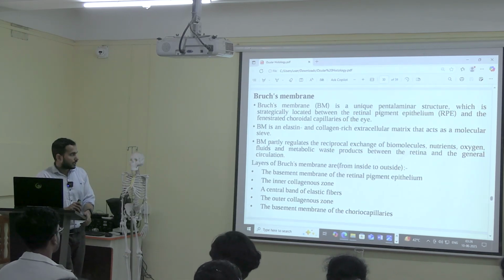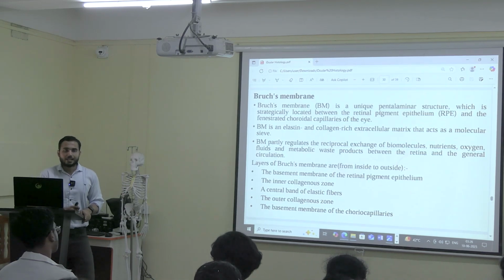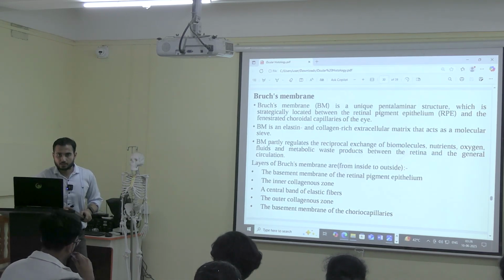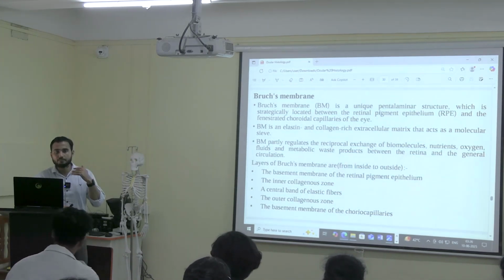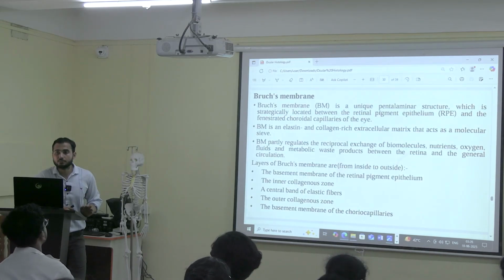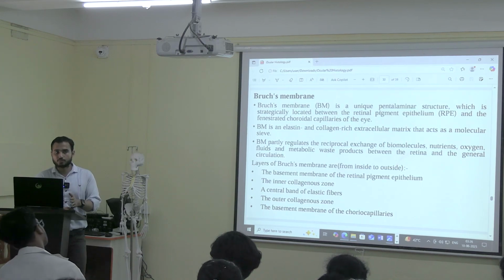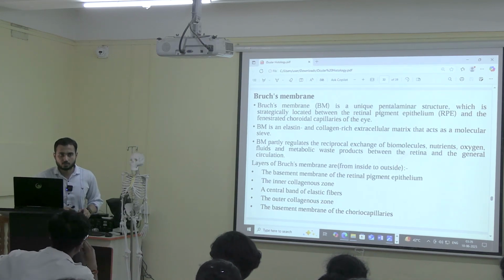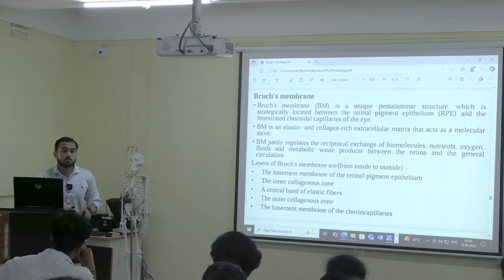Actually, the molecular sieve acts as a semi-permeable membrane and allows selective permeability. Selective permeability means some molecules are allowed to go across the membrane, but other molecules are stopped. They cannot go across the membrane. That is the molecular sieve, also called selective permeability.